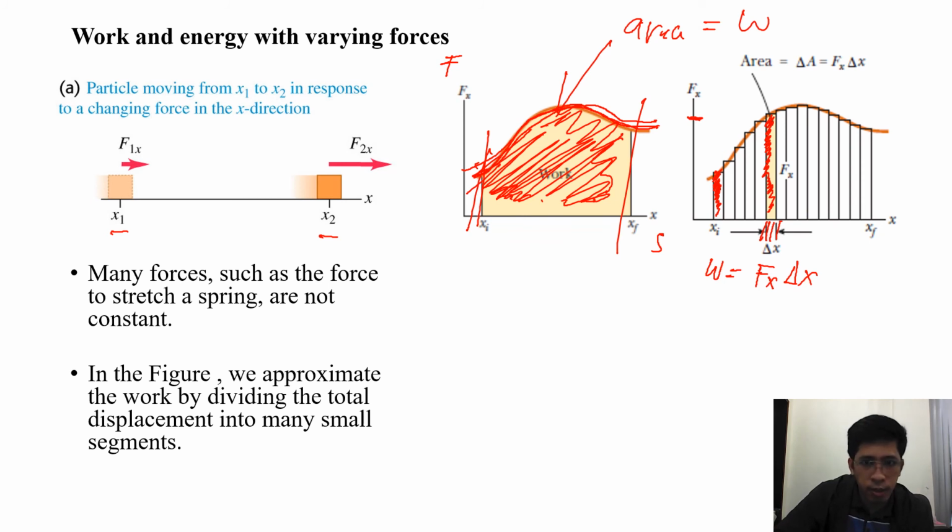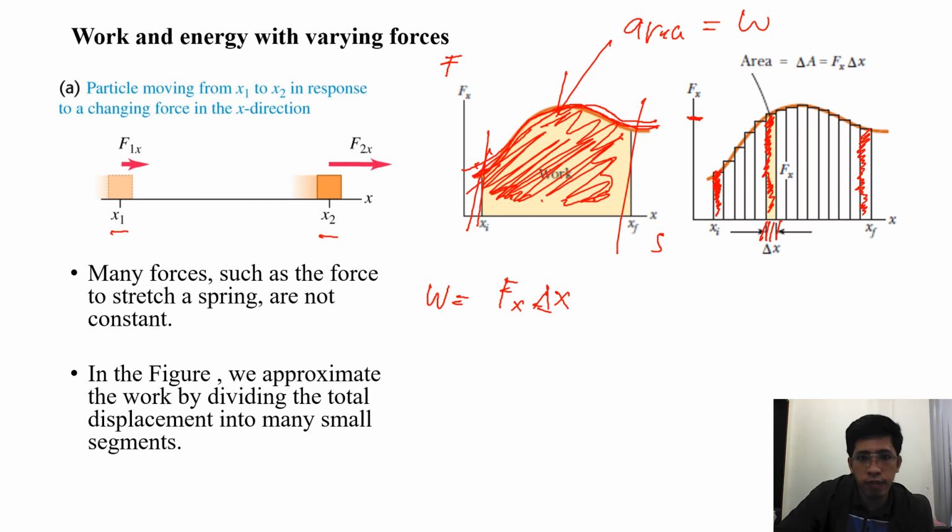Okay, in the beginning, let me erase this one. So in the beginning, you have your work Fx delta x for any of these rectangles. If you want this rectangle here, your work is equal to Fx delta x.